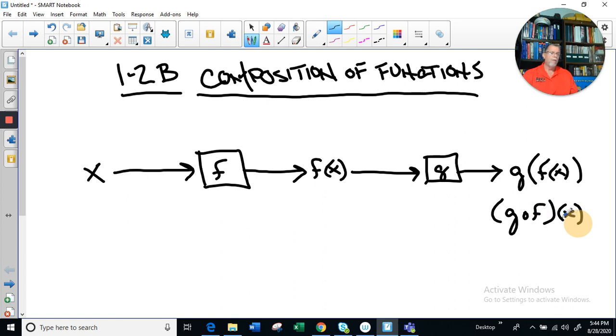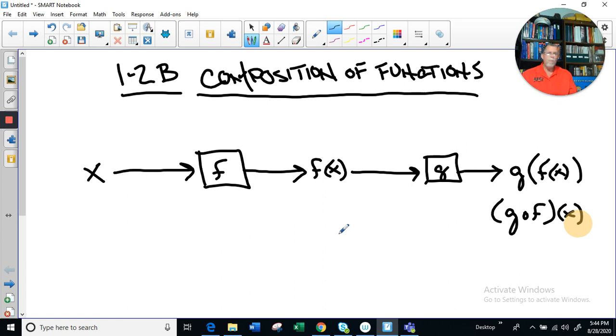Don't look at this as multiplication of g times f of x, or g of x times f of x. This is g of f of x. It's composition. You have to recognize that part of what you're going to learn this year is how to read math and to talk math and to understand the math speak that you've kind of been sheltered from, because you're going to need it when you get to calculus. There's no way around those words and those notations. So you want to be able to read this. It's going to be very important when you get into assessments that you're able to read that the proper way.